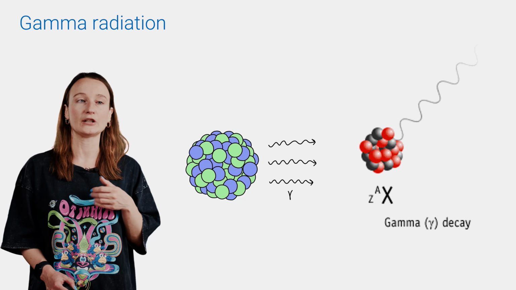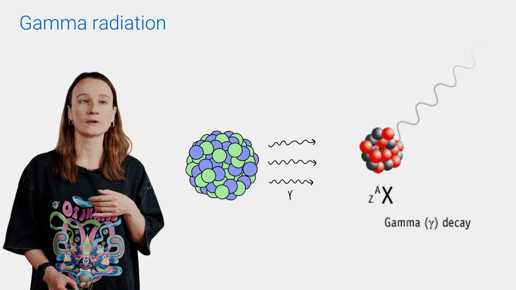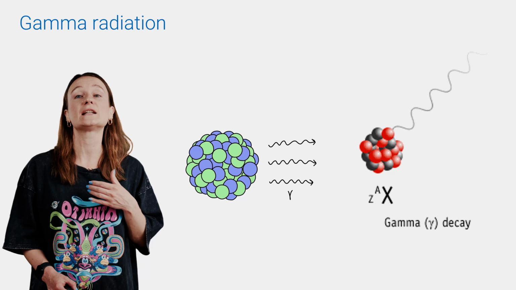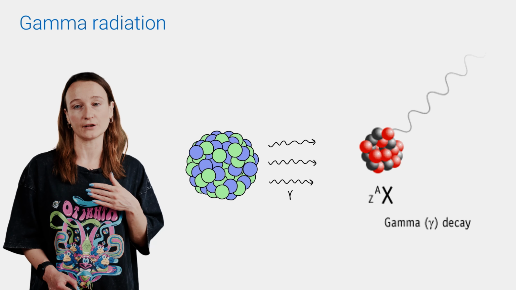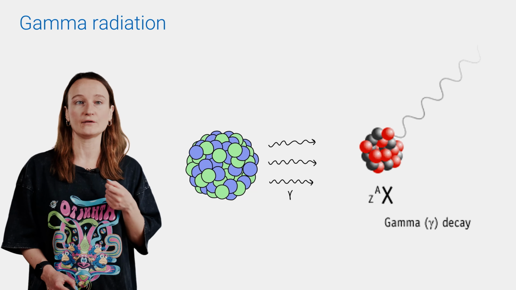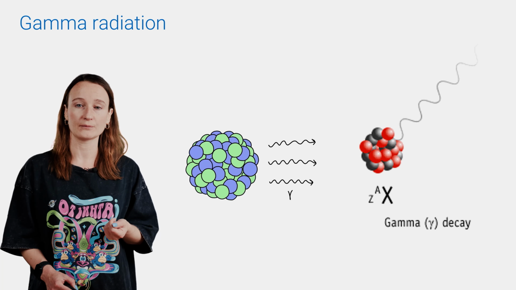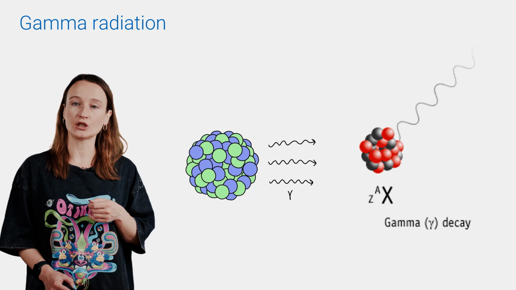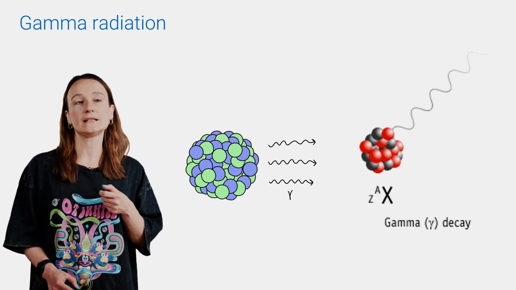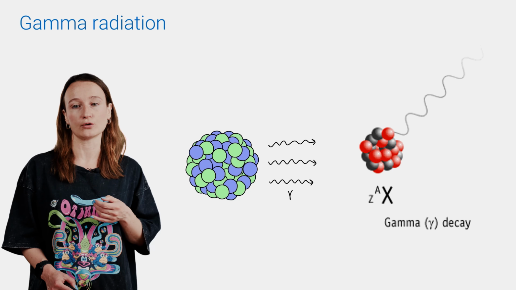The excess energy is instantly emitted as gamma quanta. That is, gamma radiation is a flow of electromagnetic waves, quanta, emitted during radioactive decay when the energy state of the nucleus changes. In addition, gamma quanta are formed during the annihilation of a positron and an electron.